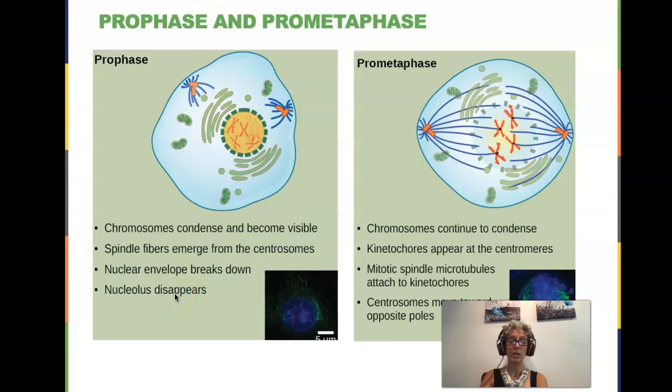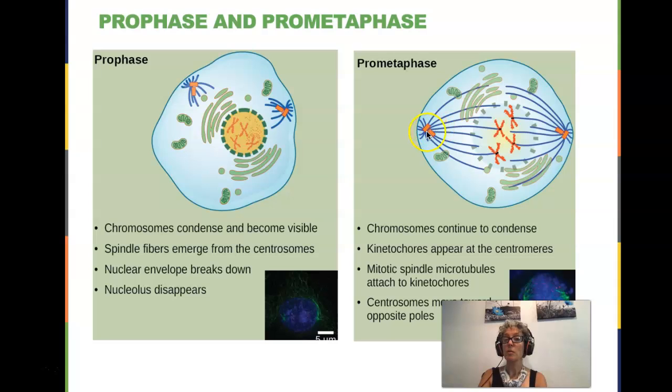And the last thing that's happening during prophase is the nucleolus is no longer visible, that region inside the nucleus where ribosomes are made. As we're wrapping up prophase and moving into metaphase, the prometaphase, our nuclear membrane is almost gone. Our chromosomes are super condensed, and we have kinetochores, which are this cluster of proteins at the centromere, and that is where the microtubule fibers will attach.